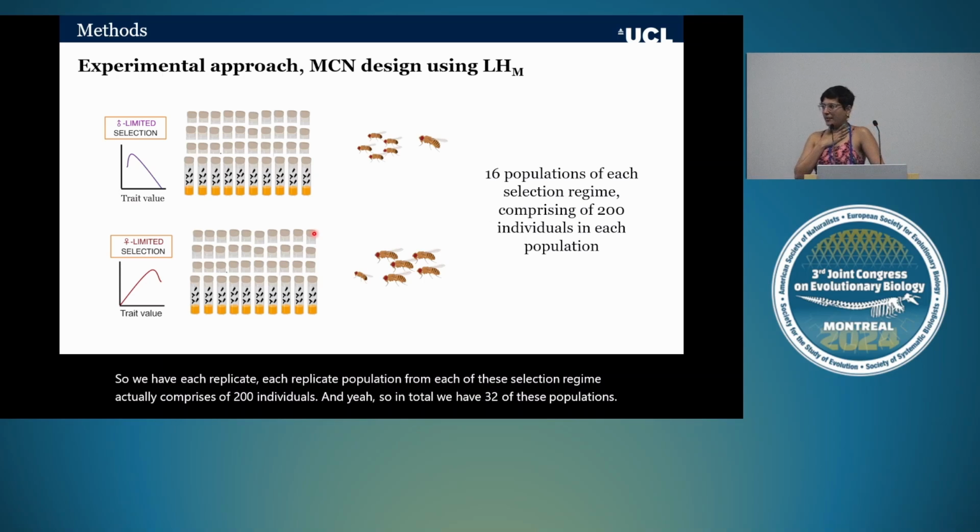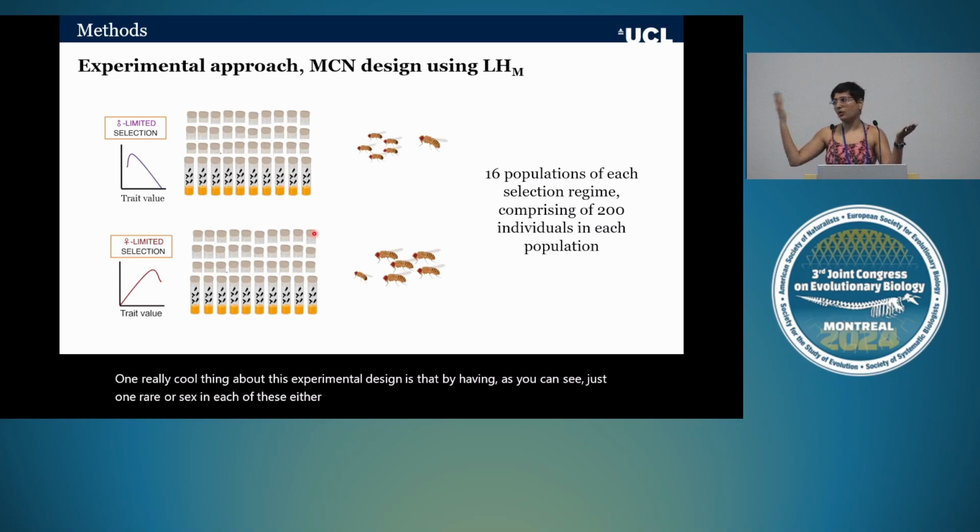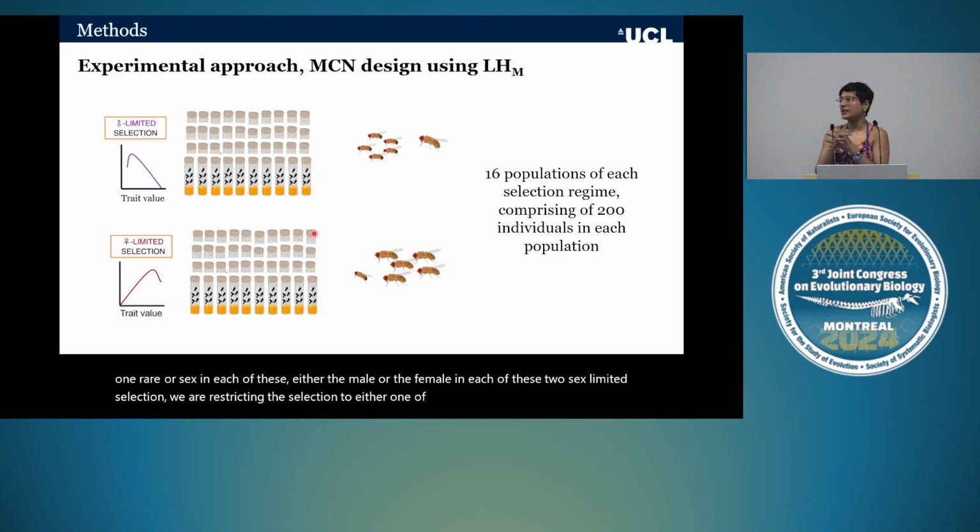Now, one really cool thing about this experimental design is that by having just one rarer sex, either the male or the female, in each of these two sex-limited selection regimes, we are restricting the selection to one of the sexes, right? So that is really cool.